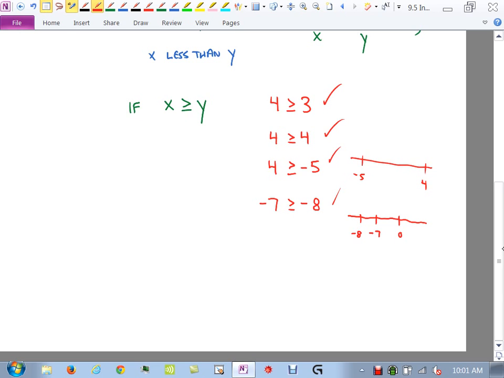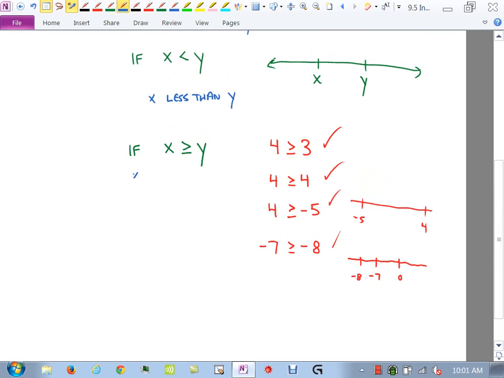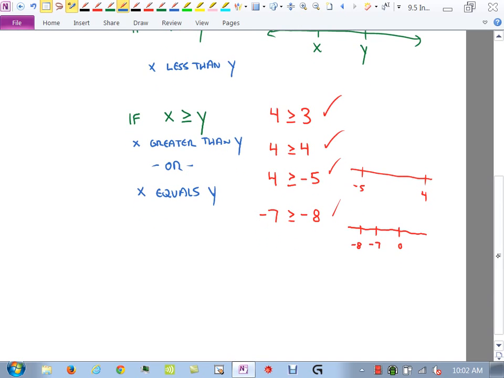Okay. So this symbol right here, I'm going to write it underneath, is saying x is greater than y or x equals y. It can be either one, and it's true.